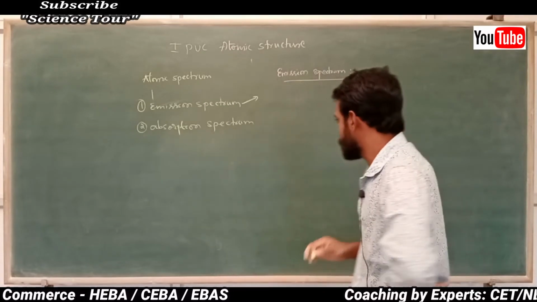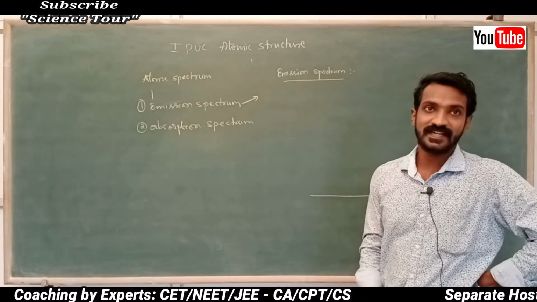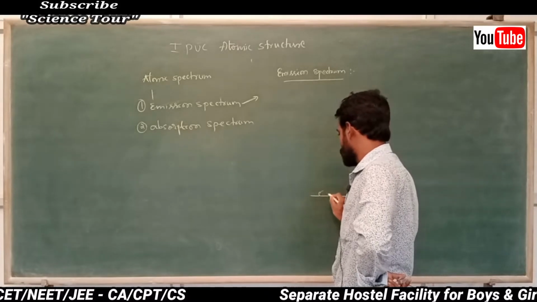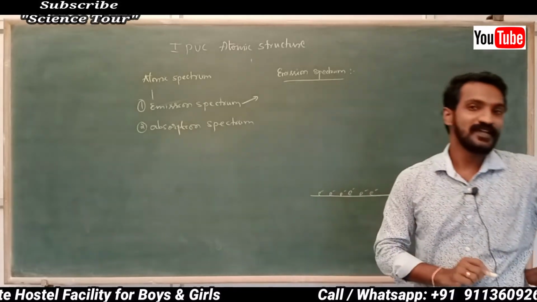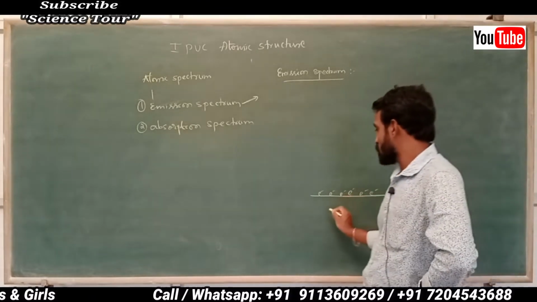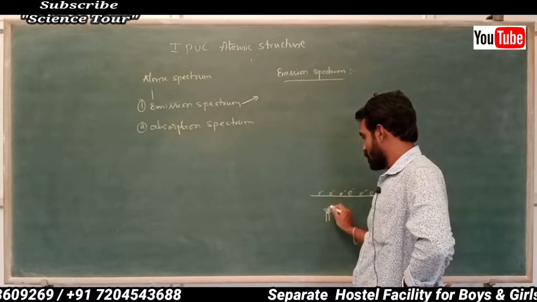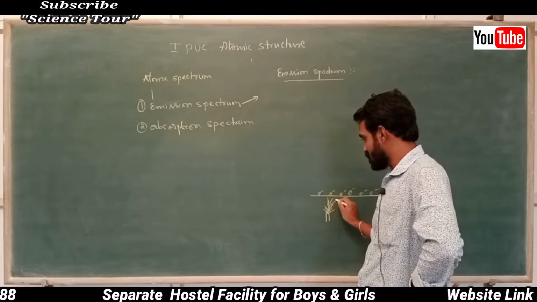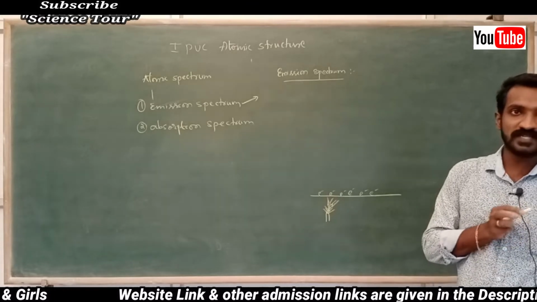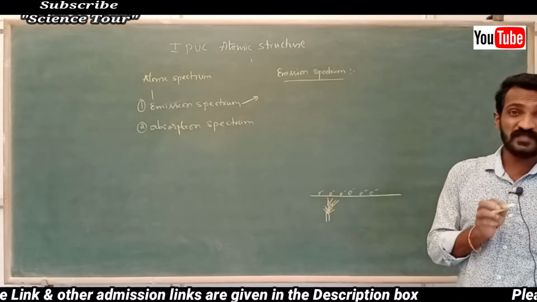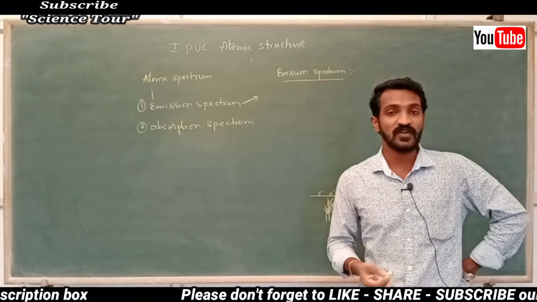Imagine this hydrogen gas contains electrons, now at a lower energy level. When you heat this, the electrons present in the hydrogen atom absorb this heat energy. Heat is one form of energy.